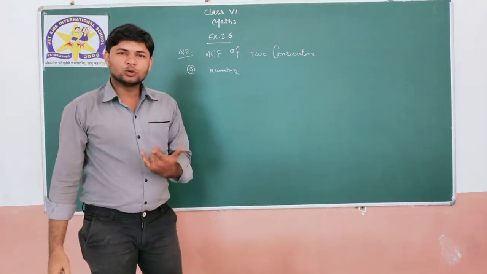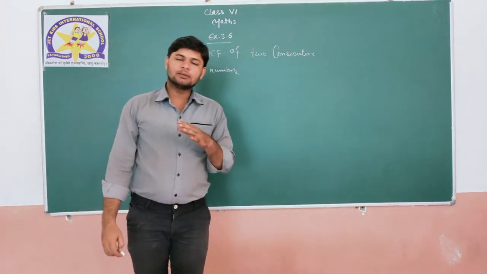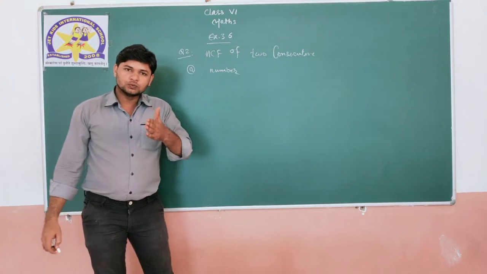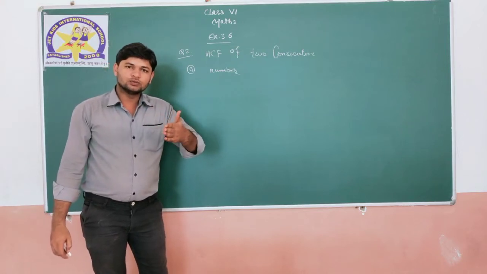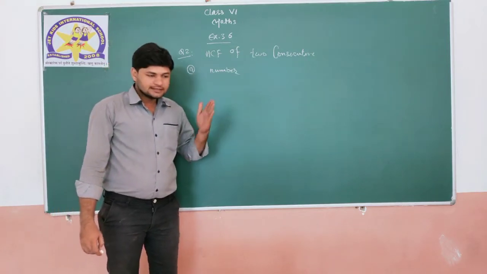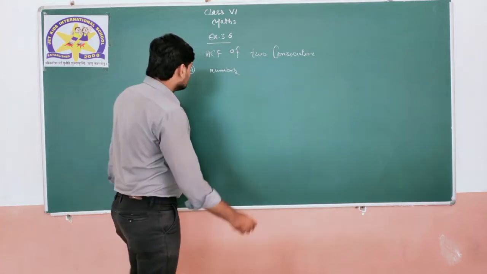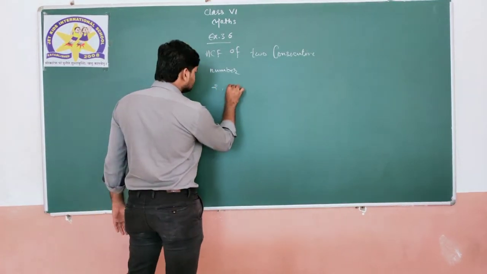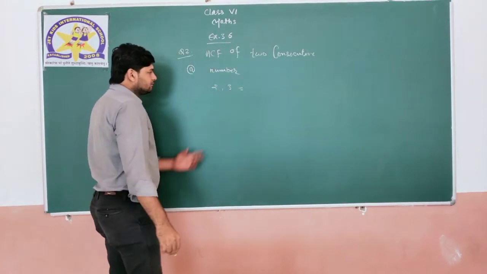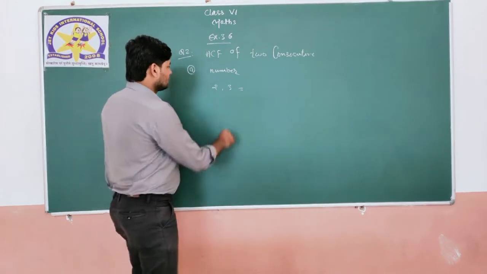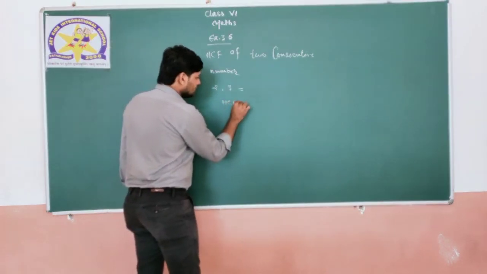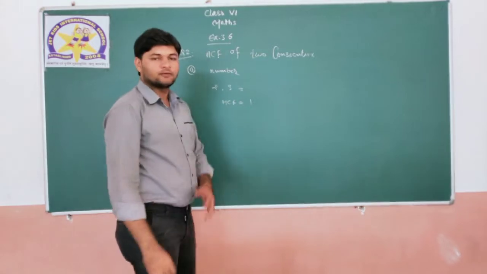What is meant by consecutive numbers? You know very well: 1, 2, 3, 4, 5, 6. These are consecutive numbers. So if I am taking 2 and 3, what is the HCF of these two? HCF will be 1, the highest common factor.